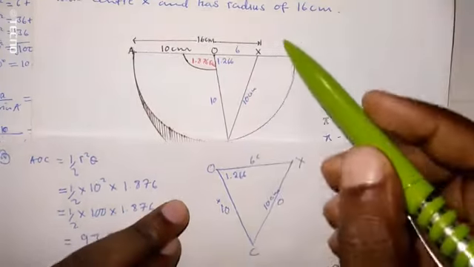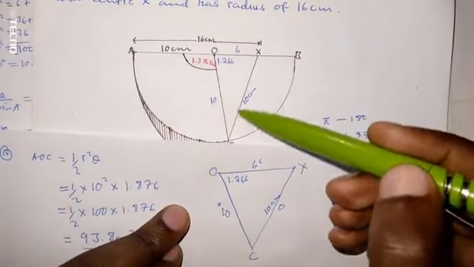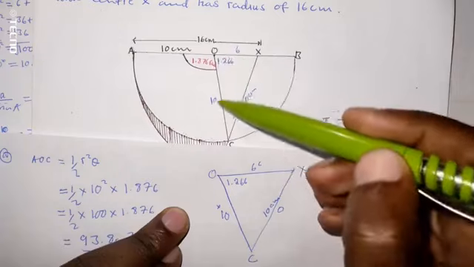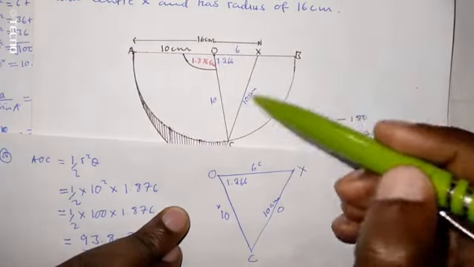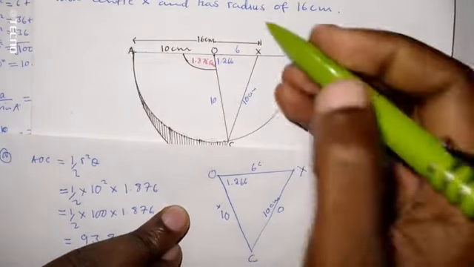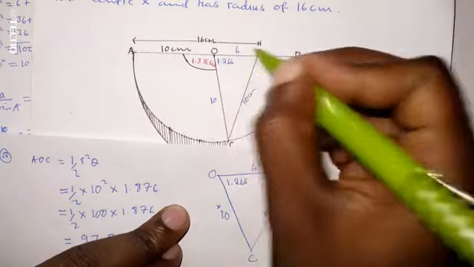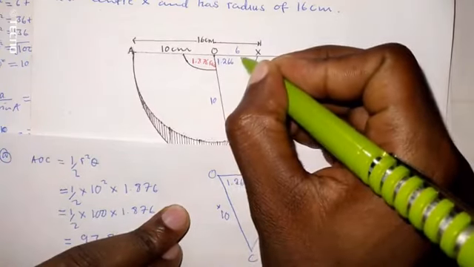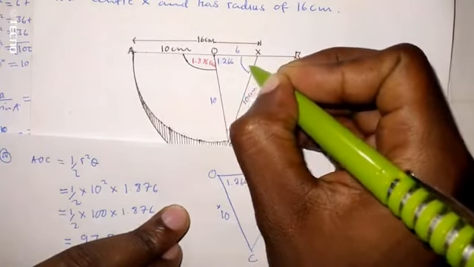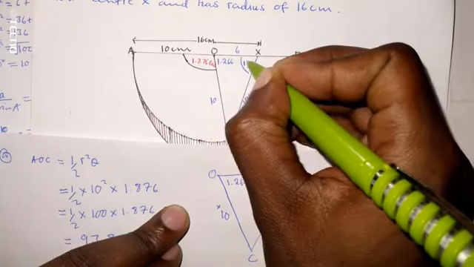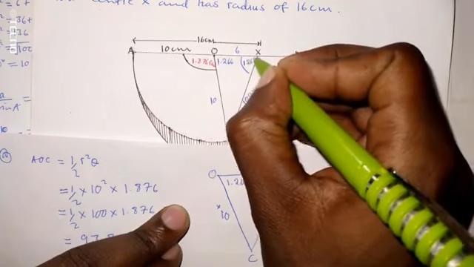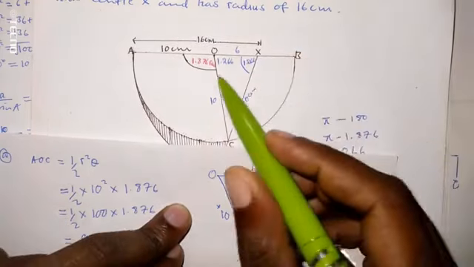Since here we have 10, even this side we have 10, so whatever method you use at this angle, what you are going to have here is 1.266.